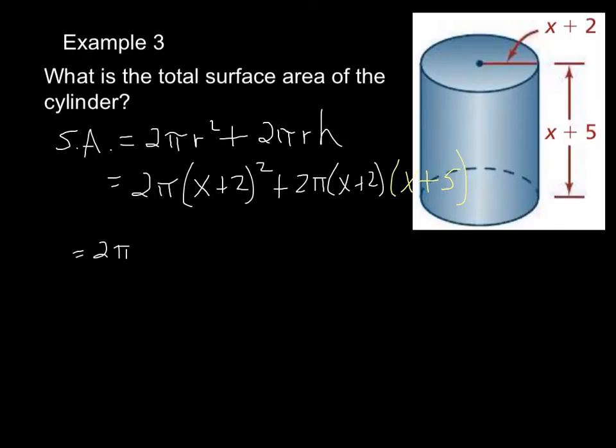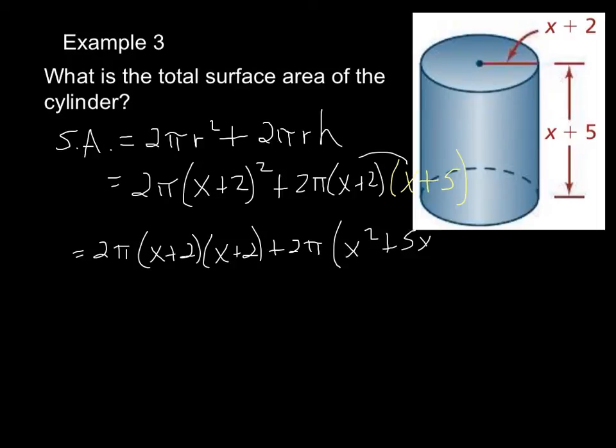So 2 pi, x plus 2 squared. That means x plus 2 times x plus 2 plus 2 pi. And now over here I've got a binomial. So when I multiply these, I've got x squared plus 5x plus 2x and plus 10.